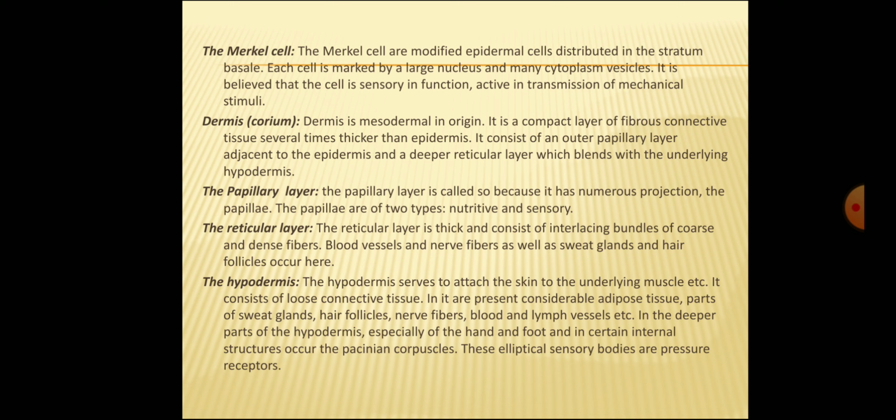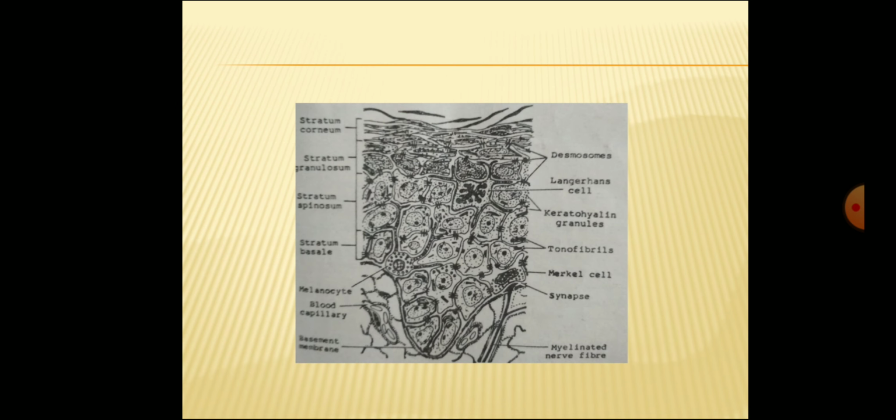It consists of loose connective tissue. In it are present considerable adipose tissue, parts of sweat glands, hair follicles, nerve fibers, blood and lymph vessels, etc.